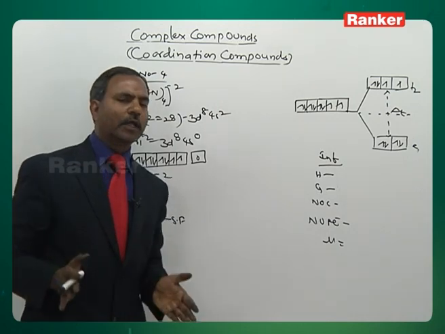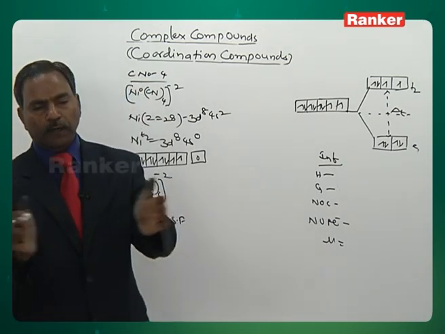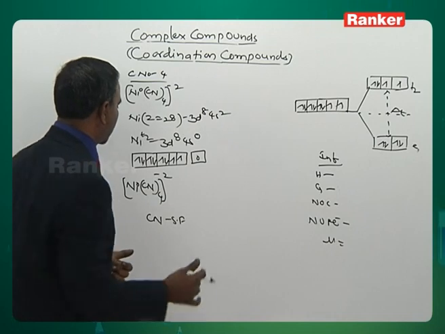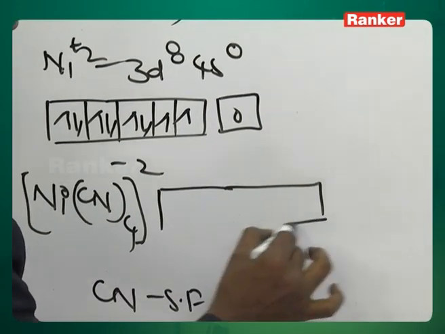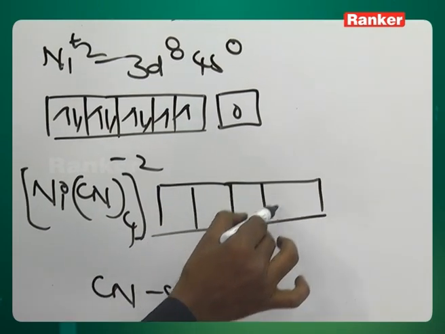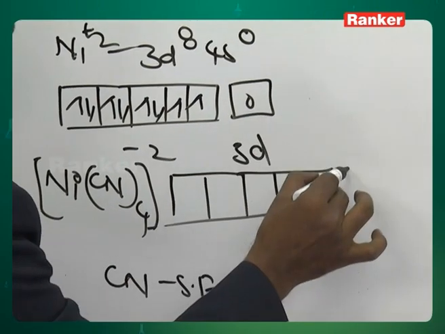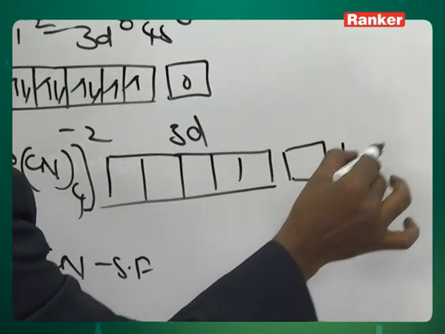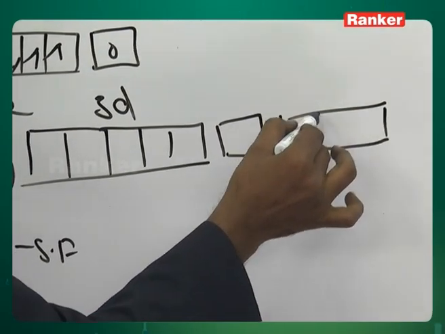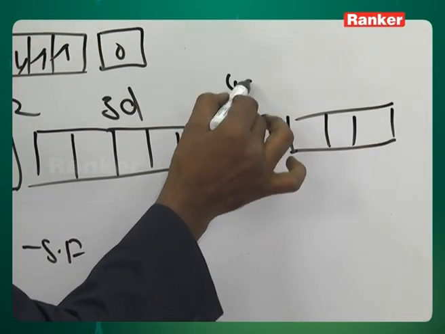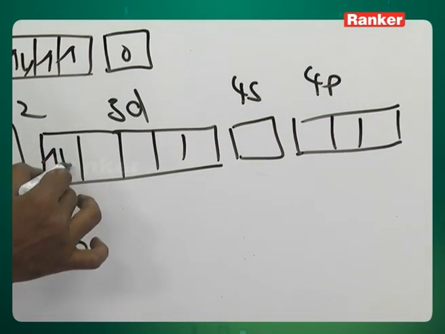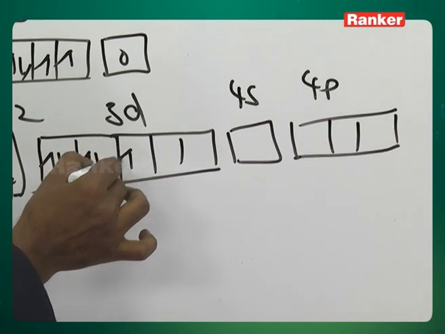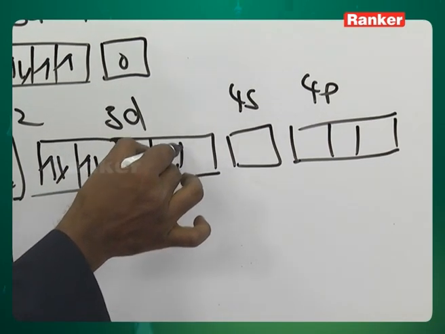Now, in the presence of a strong field ligand, what happens? The electrons get paired. Let us pair up these 8 electrons in the complex. The rearrangement of electrons takes place. 8 electrons are paired: 1, 2, 3, 4, 5, 6, 7, 8.